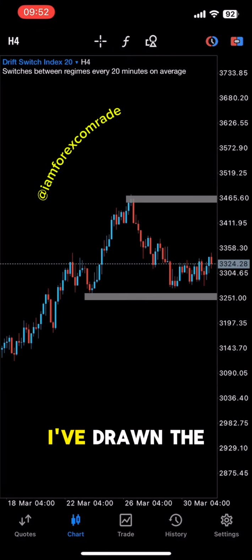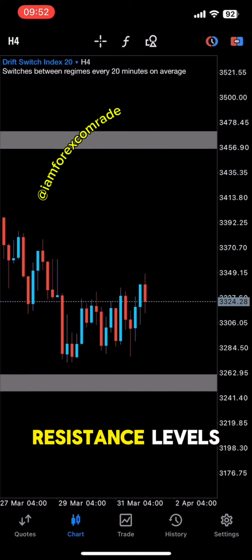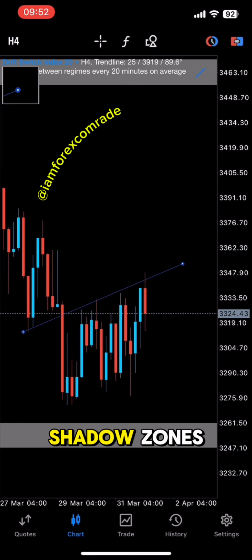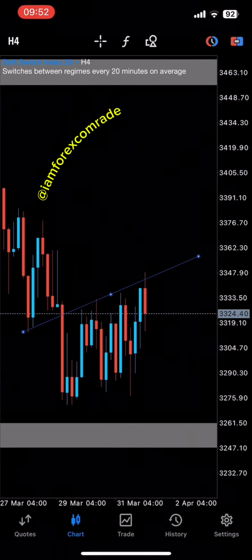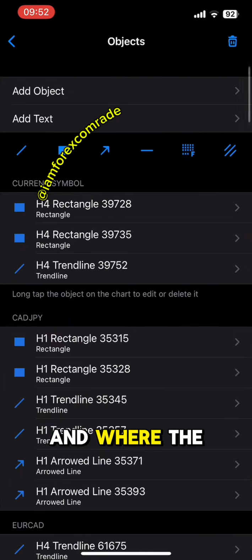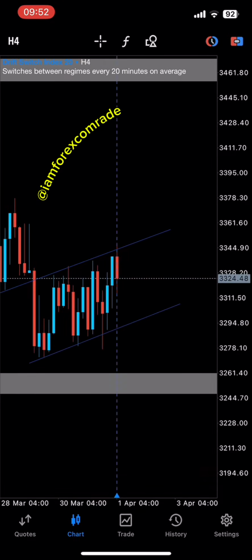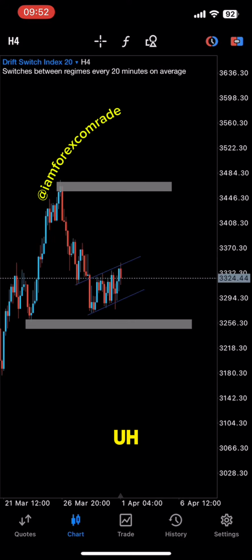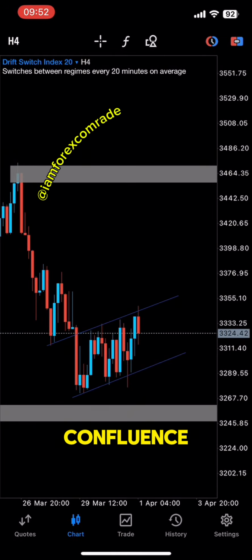Currently I've drawn the support and resistance levels marked by those two shadow zones. These two shadow zones will help you understand where the price is coming from and the way the price is going. And then I've drawn the two support areas of confluence.